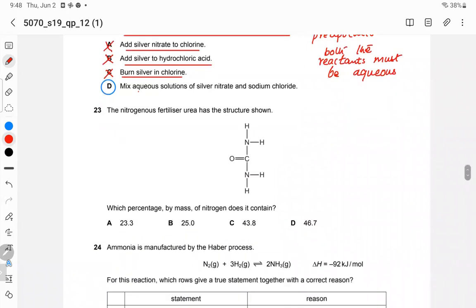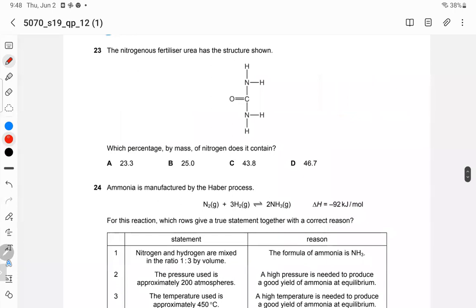Okay, question number 23. The nitrogenous fertilizer urea has the structure shown. What percentage by mass of nitrogen does it contain? There are two nitrogen atoms, and if I work out its molecular formula, there are four hydrogens, one carbon, two nitrogen and one oxygen.